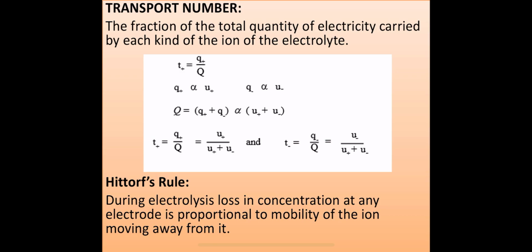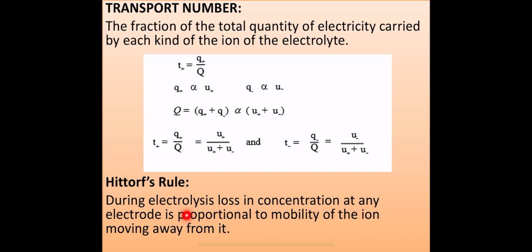Next is Hittorf's rule during electrolysis. What does Hittorf's rule say? During electrolysis, loss in concentration at any electrode is proportional to the mobility of the ion moving away from it. When electrolysis is taking place, that means when electricity is passed through the solution, we observe loss in concentration.